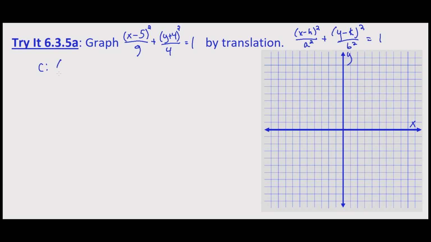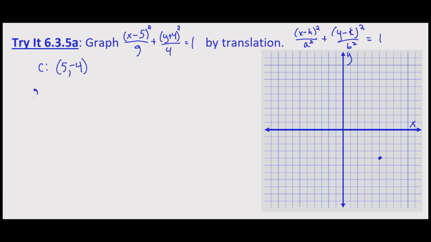In this case, the center is at (h, k), so (5, negative 4), because we're subtracting 5 and we're subtracting negative 4, or adding 4. y plus 4 is the same thing as y minus negative 4. And then everything else will come from there.